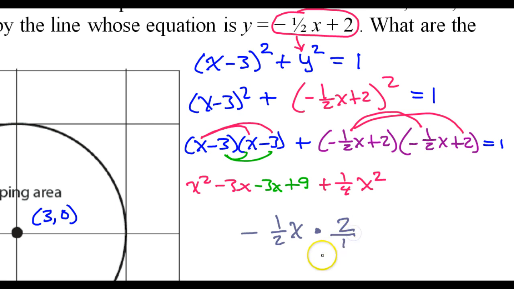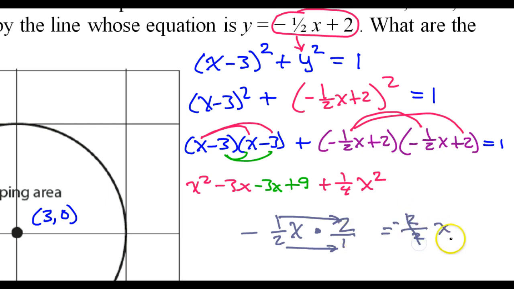Negative 1/2 x times 2 is like 2 over 1, so you multiply straight across. 1 times 2 is 2, and 2 times 1 is 2. So it's going to be negative 2 over 2x.